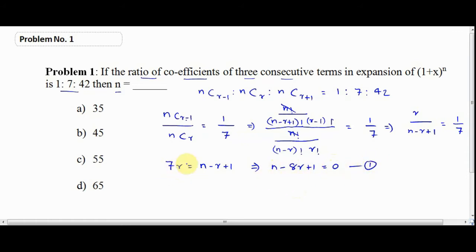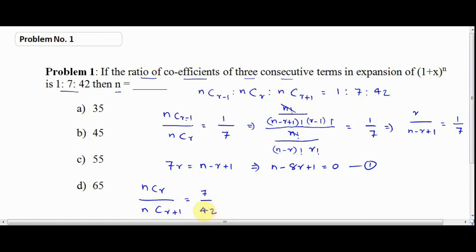Now when you consider this ratio, once again what we have here is nCr to nC(r+1) equal to 7:42. So the ratio of nCr to nC(r+1) will be equal to 7/42.